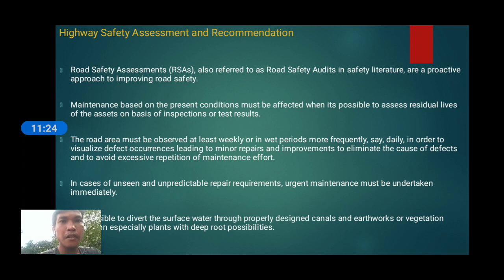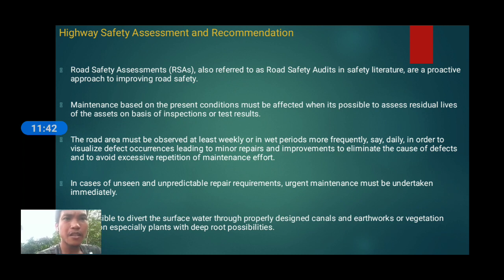Then, highway safety assessment and recommendation. Road safety assessments, also referred to as road safety audits in safety literature, are a proactive approach to improve road safety.